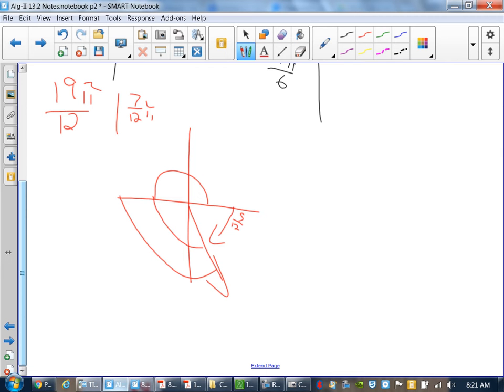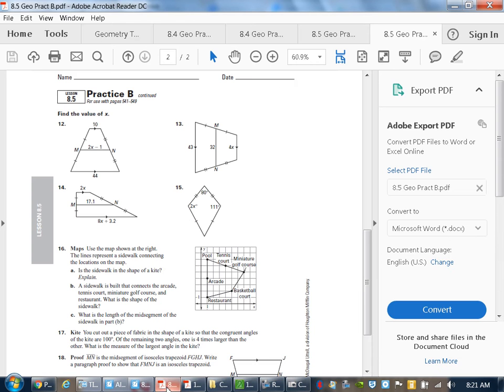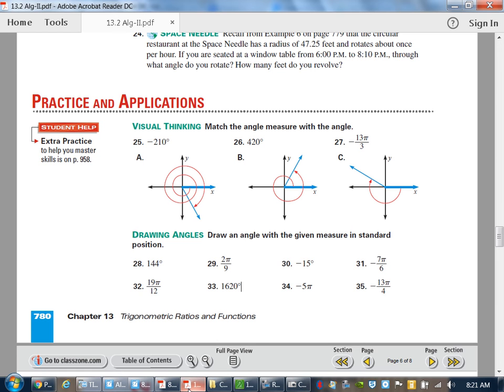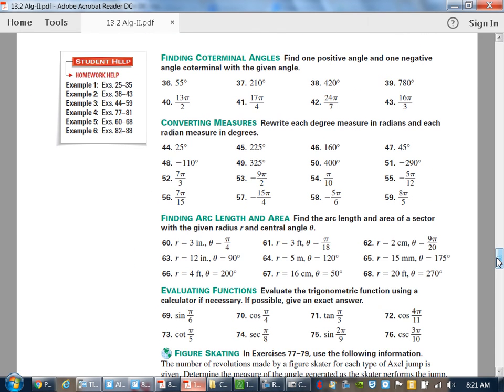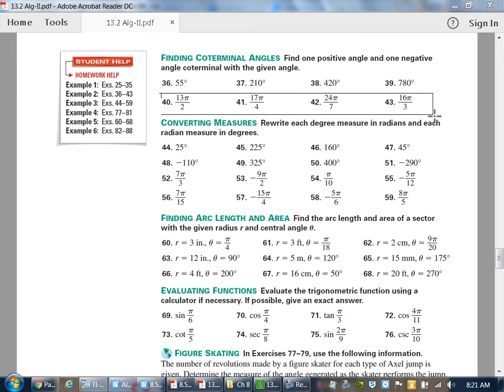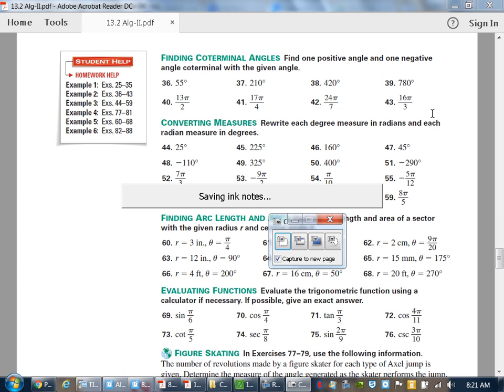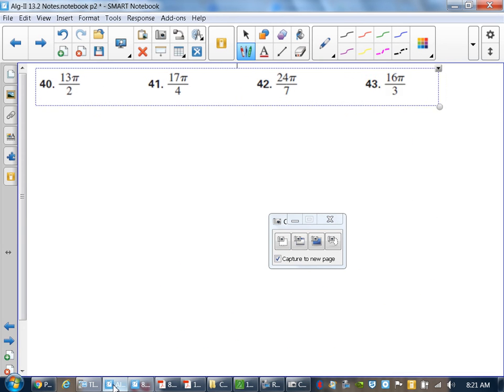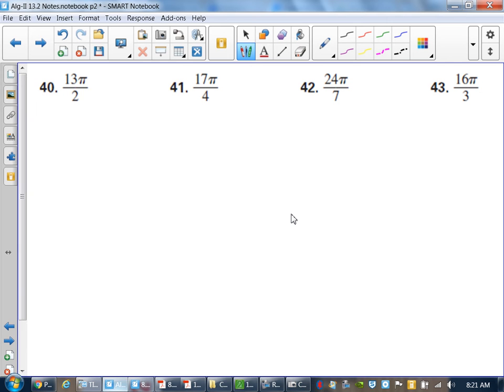So by knowing how to do that a little bit easier, as you start talking about those whole coterminal ones, these guys. Two goes into 13 how many times? 6.